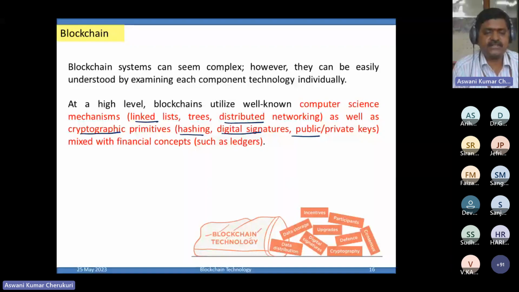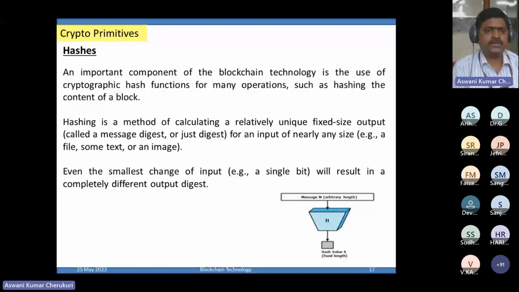Once you understand these things, understanding blockchain is very, very easy. So you need to know certain data structures fundamentals, networking fundamentals, cryptography fundamentals. With that, you can master blockchain. So I'll quickly give 2-3 slides about the cryptography primitives that are used by the blockchain.